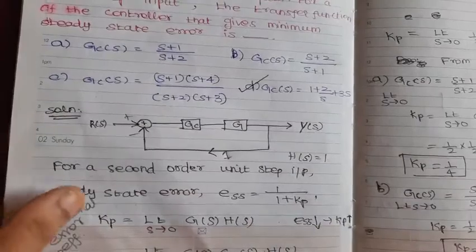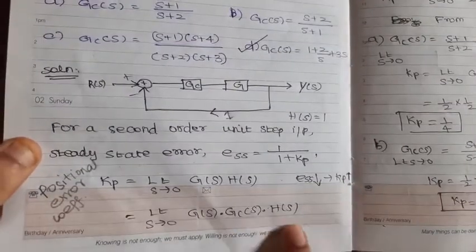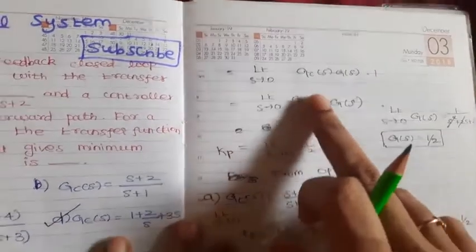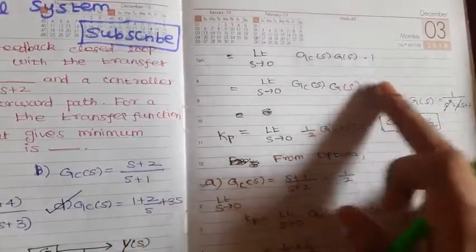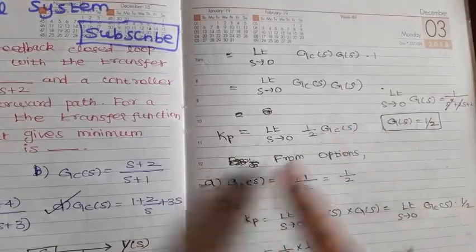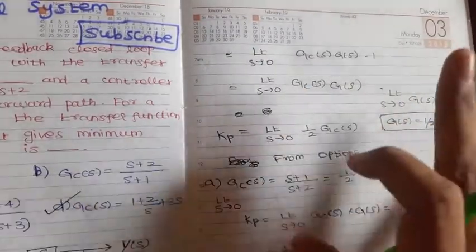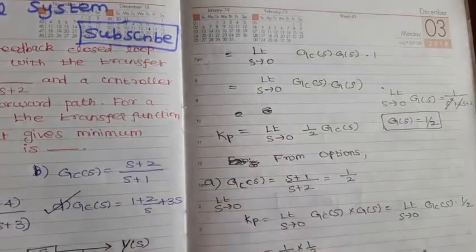So this is the formula, G(s) Gc(s) H(s). First, limit s tends to 0, Gc(s) G(s). H(s) we know is unity feedback, so when we substitute H(s) as 1, we will get simply Gc(s) G(s). How can we simplify further?